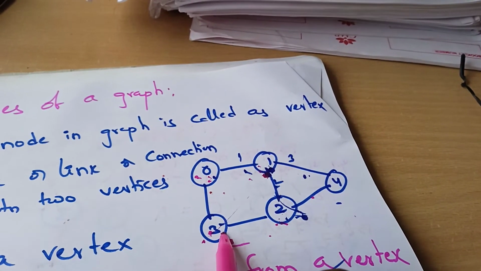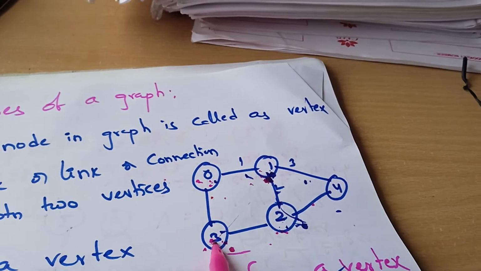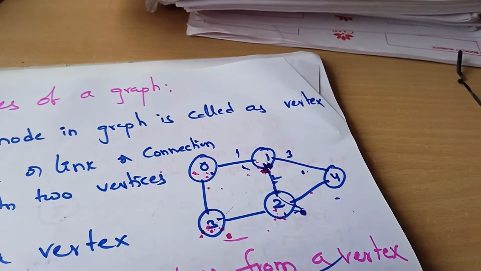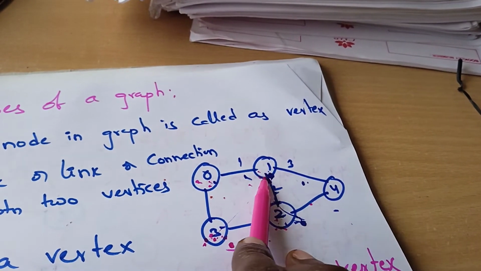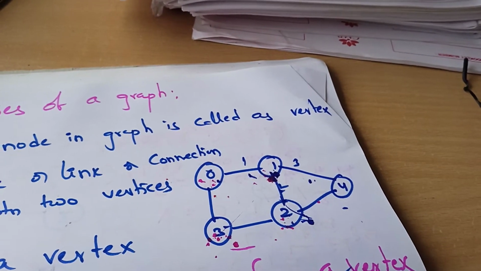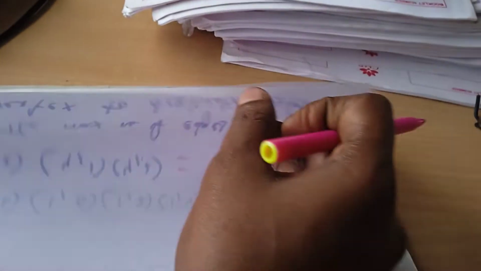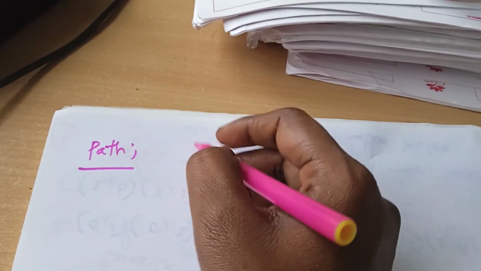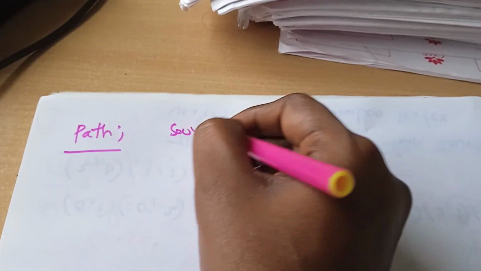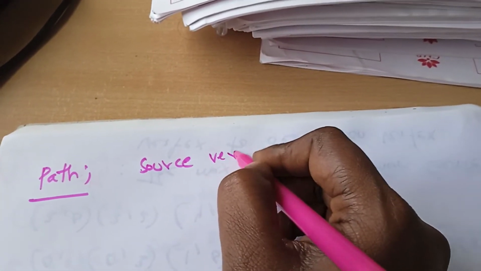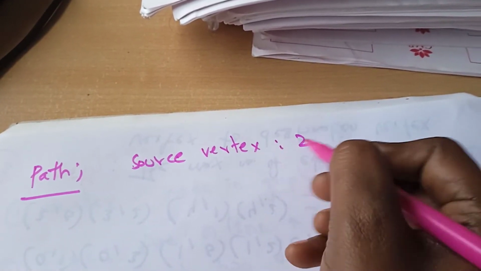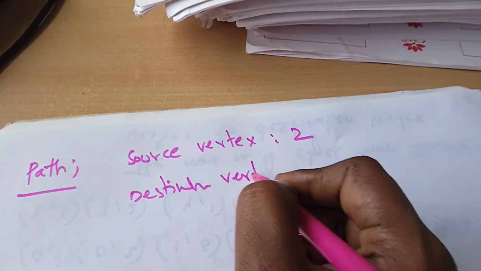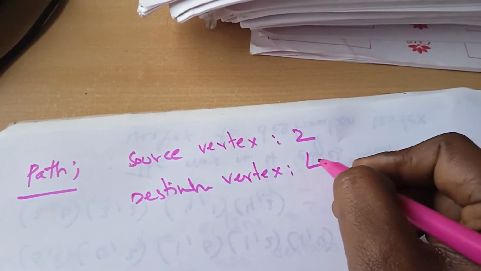Now what is the path to reach from 1 to 3? I can travel from 1 to 2, 2 to 3. Or else I can travel from 1 to 0, 0 to 3. What is the path? Now my source vertex from the example is 2, and the destination vertex is 4.